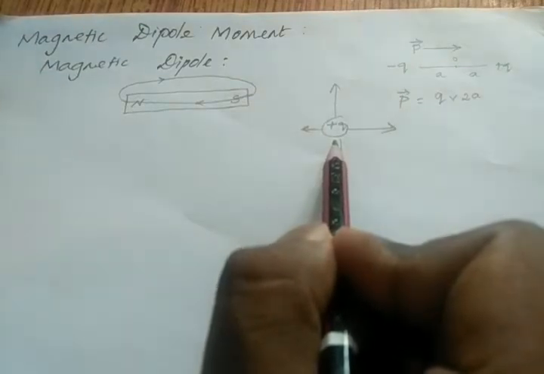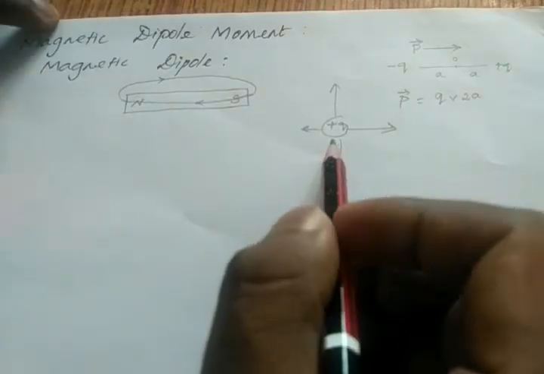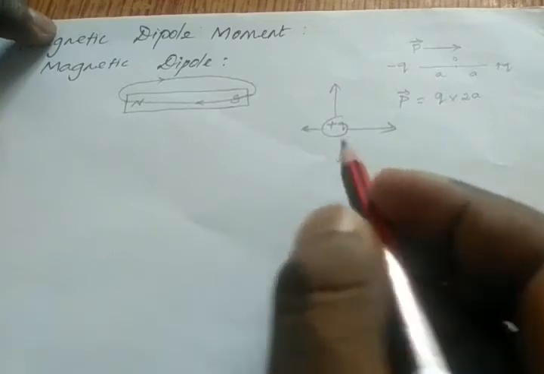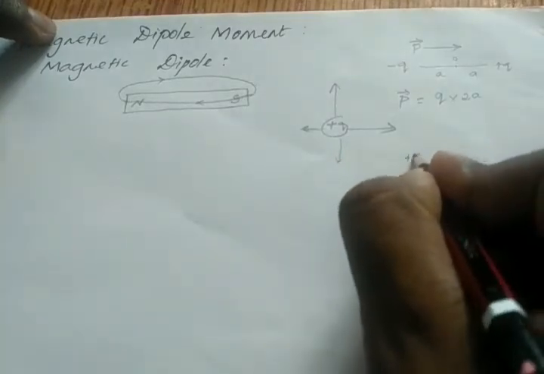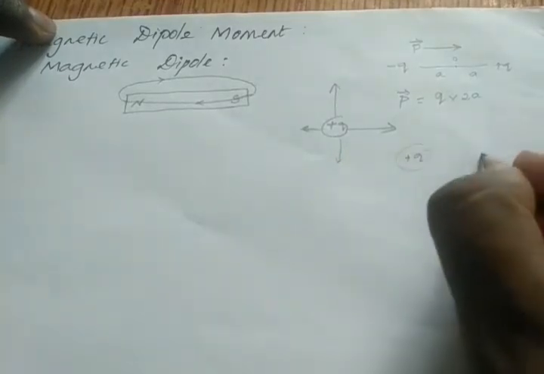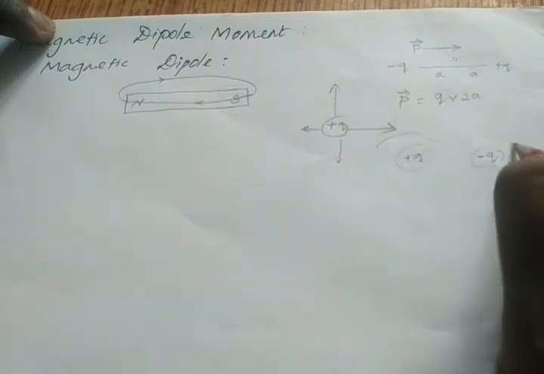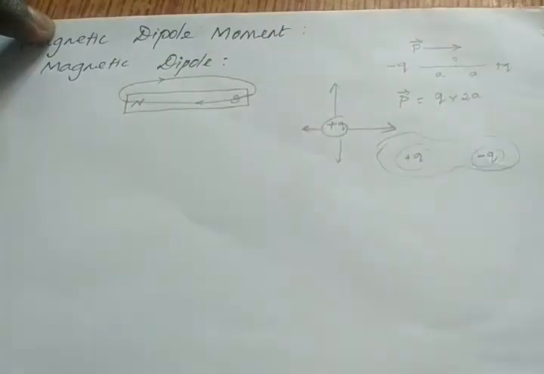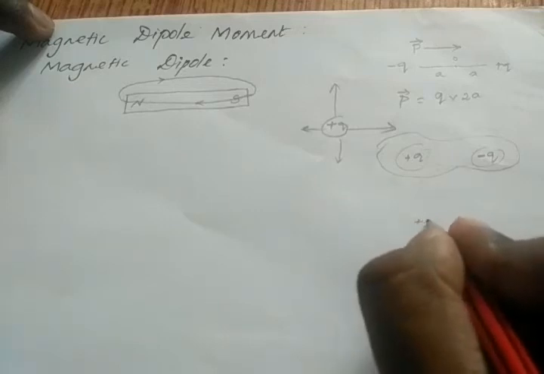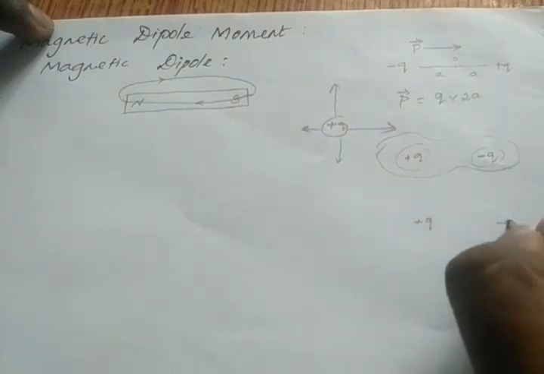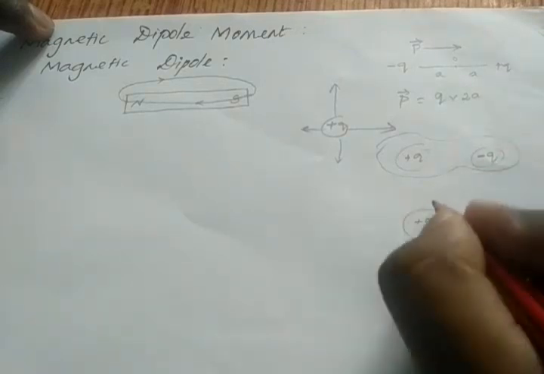We can see a single charge because the charge never forms a closed loop. If you have two charges, then it never forms a closed loop. The field lines will form like this, and it forms an open loop only.